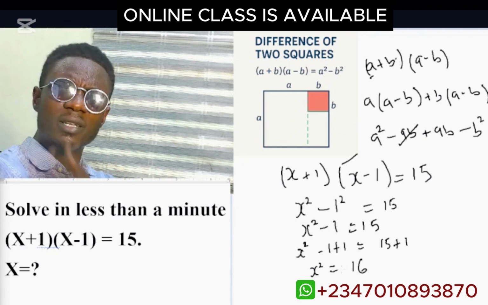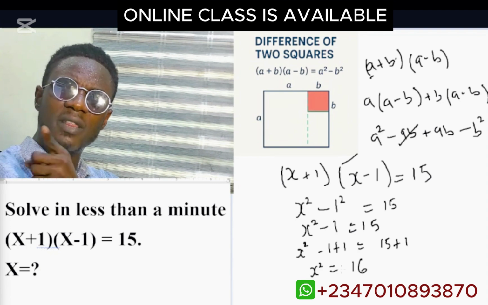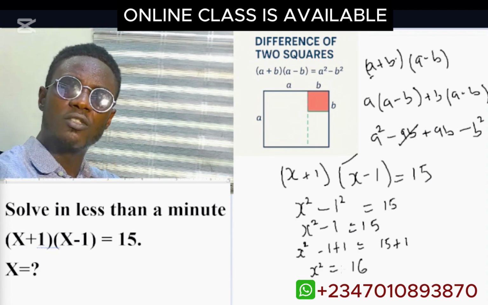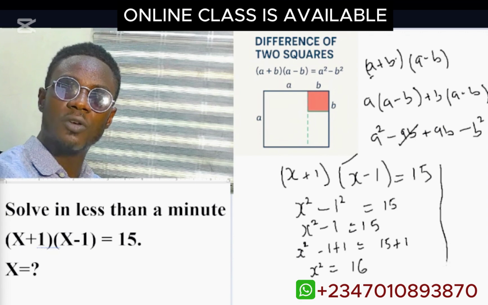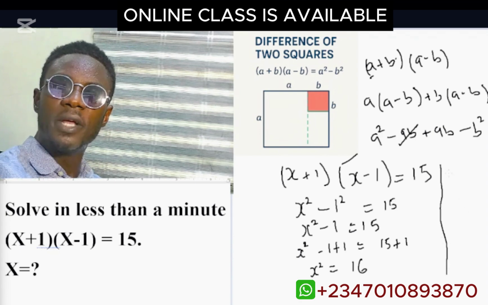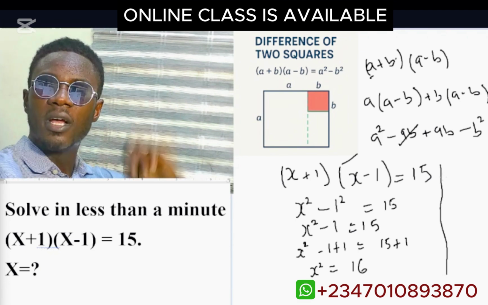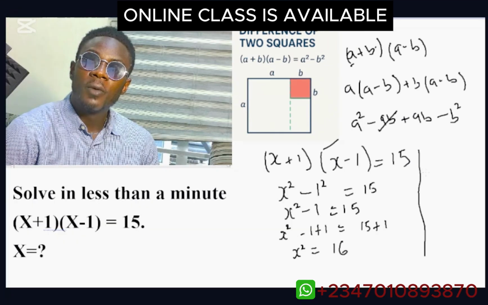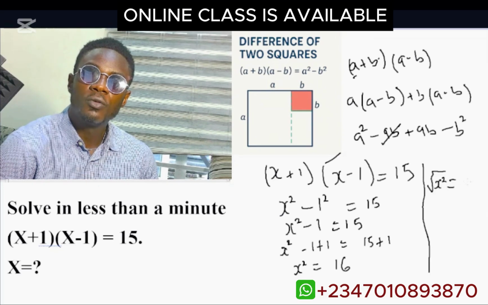When we have this, how do we get our x? The function we have there is an exponential function, x squared. So for us to cancel out that x² and have just x left, we can take the square root of both sides, because the opposite of square is square root. So we have the square root of x² equal to the square root of 16.